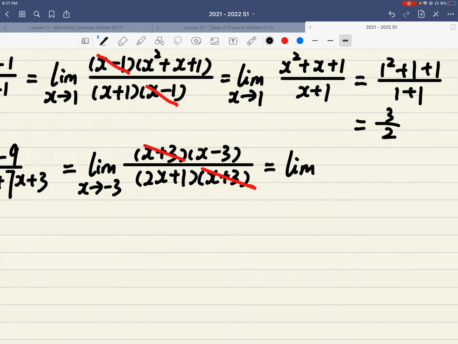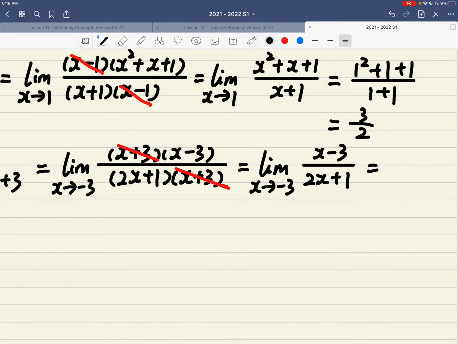So it's the limit of x minus 3 over 2x plus 1. Here the top is negative 6, the bottom is negative 5. It is 6 over 5.